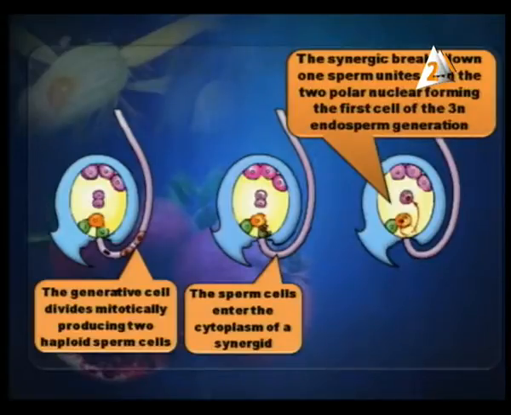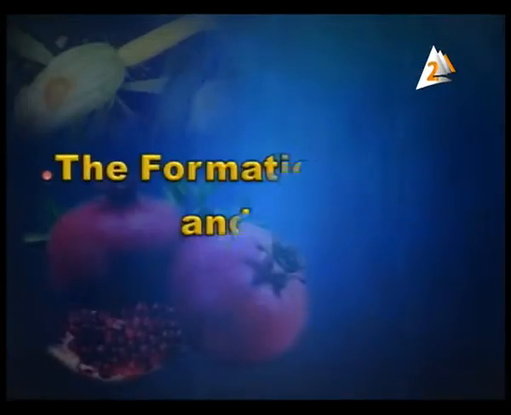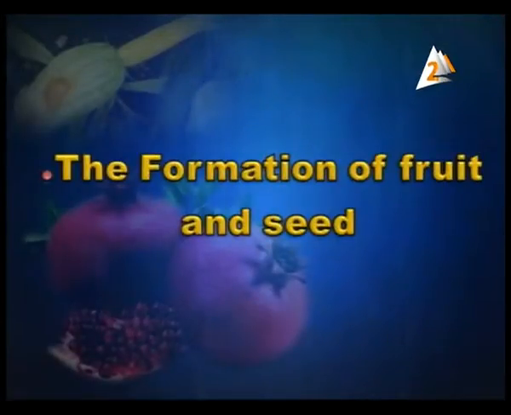After that, what happens to the ovary and what happens to the organs we studied? This will lead us to the final point of the functions of the flower, which is, yes, the formation of fruit and seed.